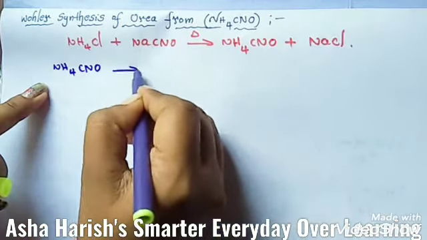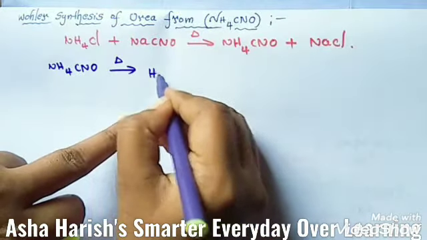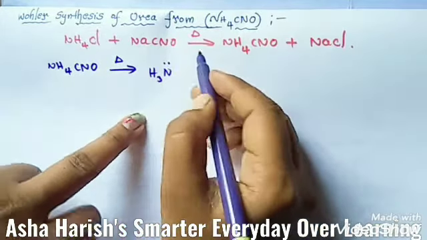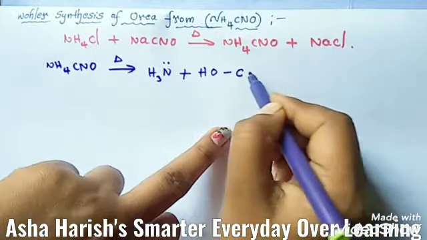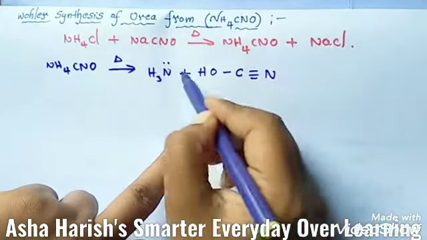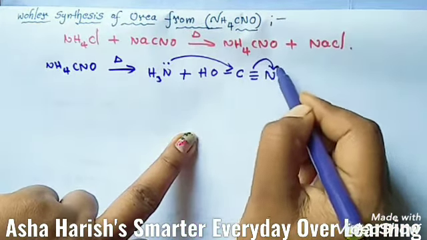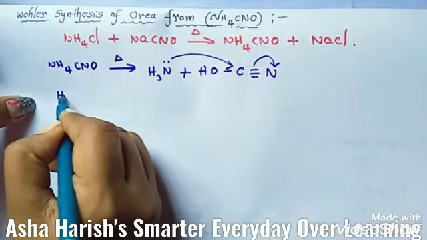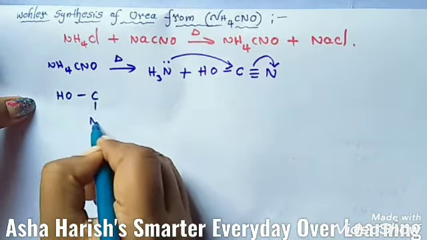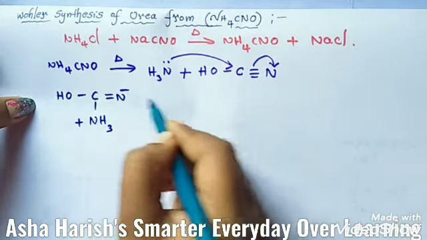NH4CNO. To decompose this ammonium cyanate, students, NH3 with this lone pair of electrons, triple bond N. These pair of electrons shift towards this carbon. From that equation we have finalized that HOC, here is NH3 with positive charge, double bond N minus.